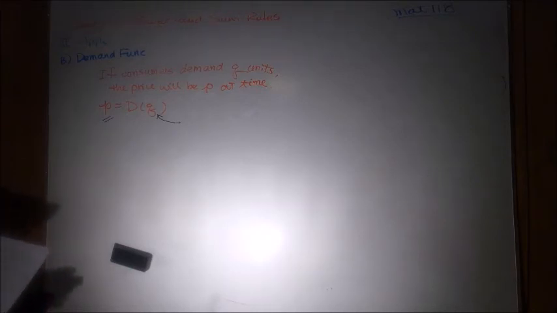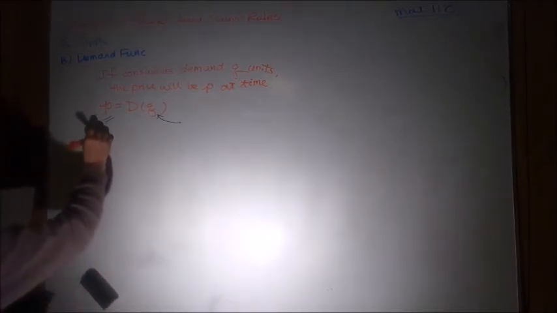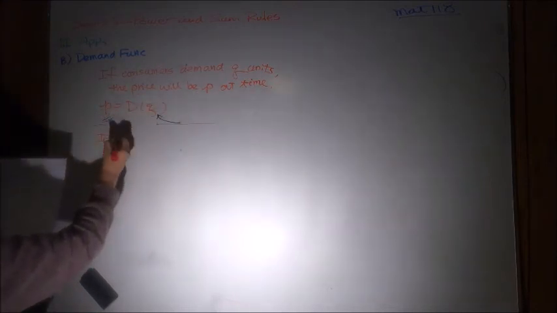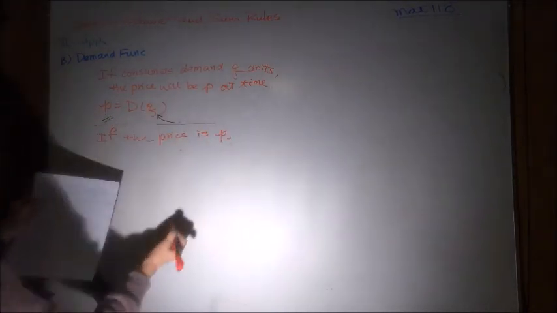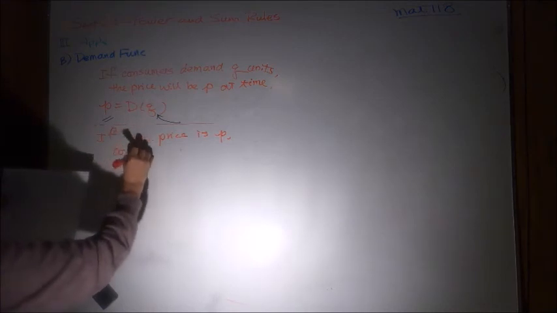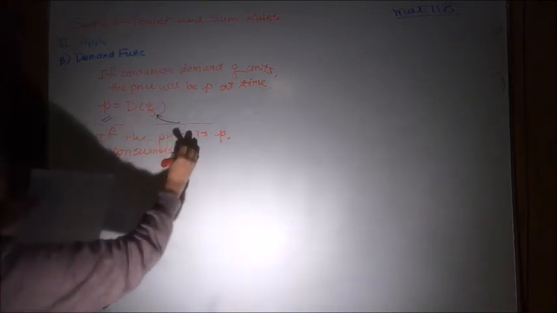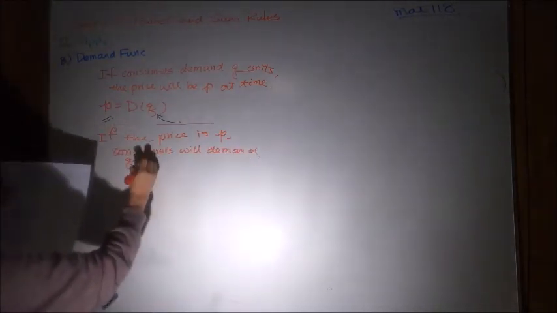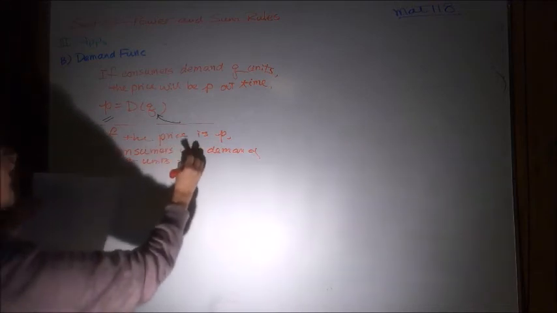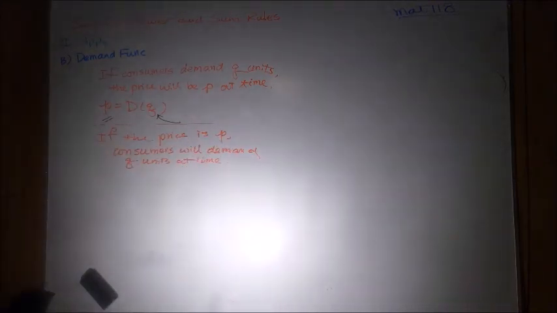It's kind of more reasonable, I would think. So it would say, if the price is P, then consumers will demand Q units at the time. So if the pizza price is $7, then the demand will be what? 100 units.